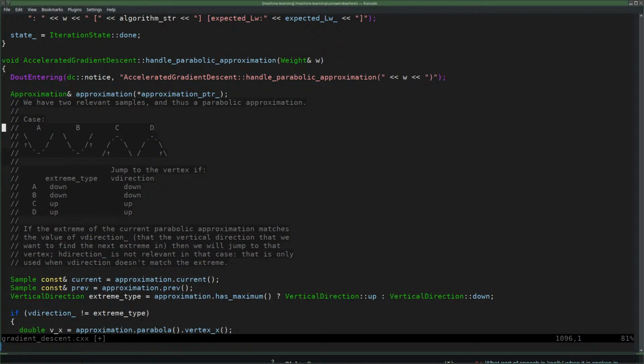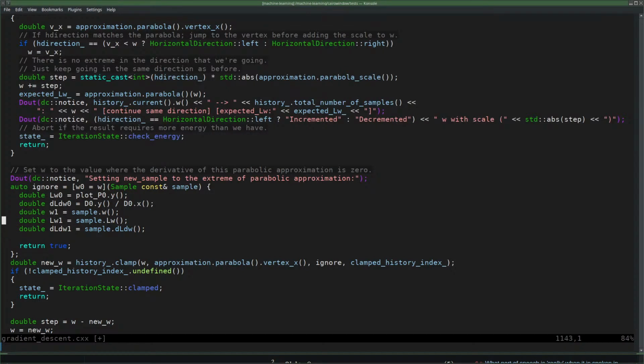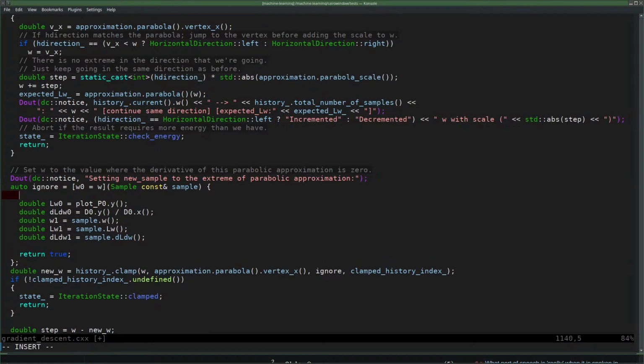I think I'll have to get them from current. Maybe this compiles.